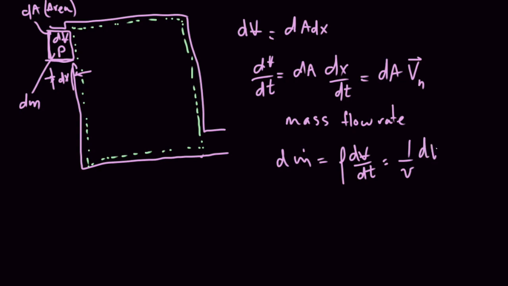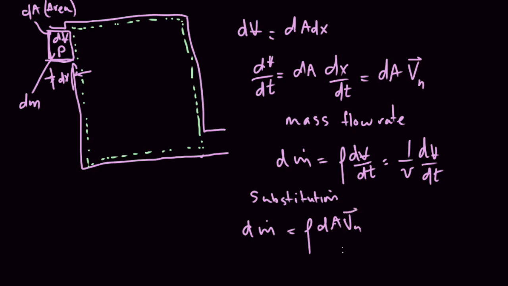It's equal to V dt. Right. Okay. And now doing substitution, we have that dm is equal to density and dV, and we know dV is dA times the velocity, Vn.